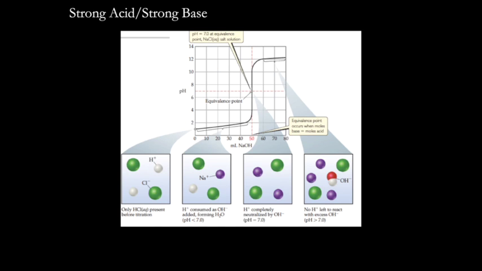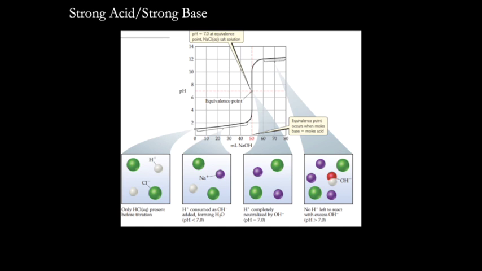All right, and what we're going to look at now are practice problems in which we can actually use these in order to determine what exactly is the pH before I have equal amounts of hydroxide and hydrogen ions, what's the pH after that point, and then also what's the pH right when I have equal amounts. And notice at the equivalence point for a strong acid and strong base titration, it's actually 7.